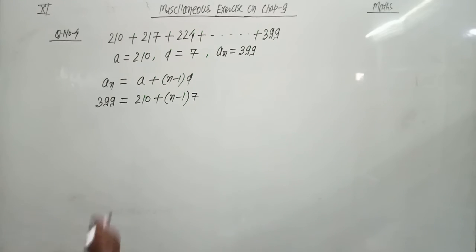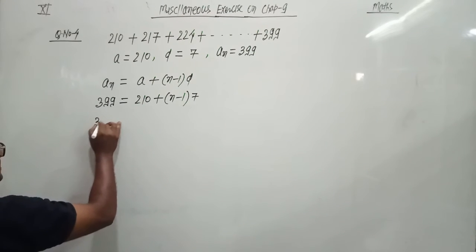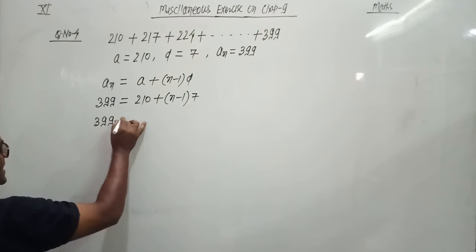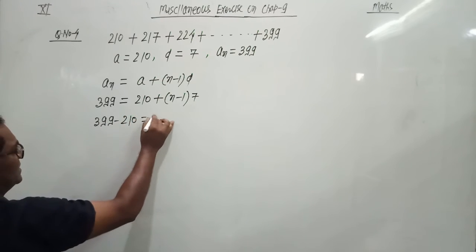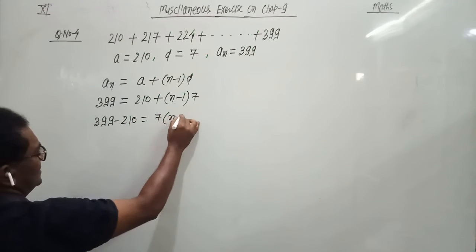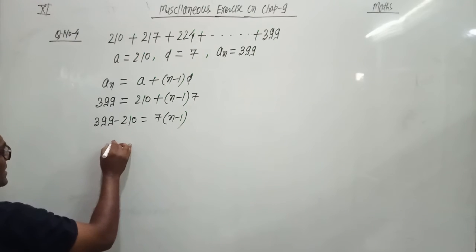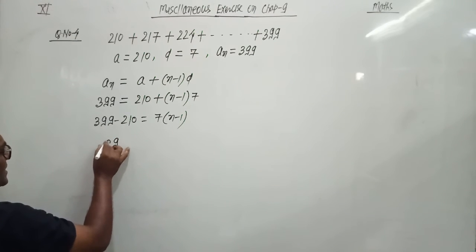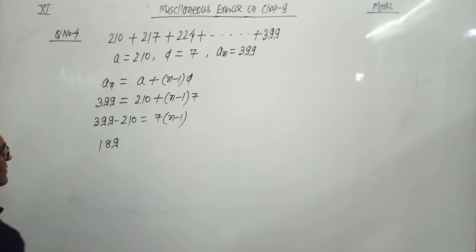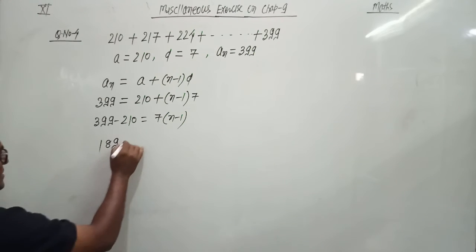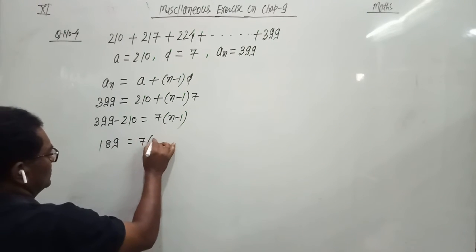210 will go on the left side. So 399 minus 210 equals 7 into n minus 1. Here we get 189 equals 7 into n minus 1.